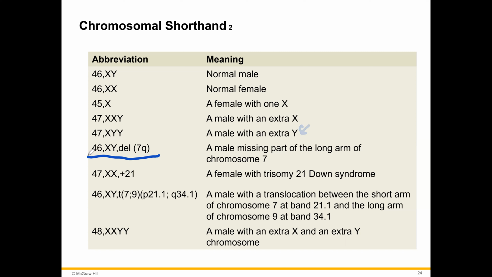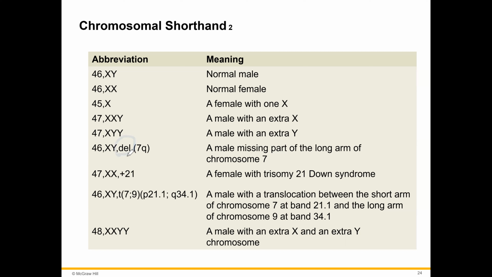Now look at this one. That's really beautiful. 46 means the normal number of chromosomes, XY, that's a male. But now look over here. It's a deletion of the short arm of chromosome 7. So del stands for deletion.